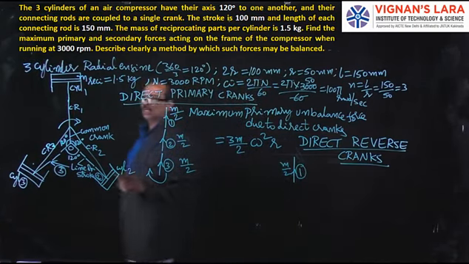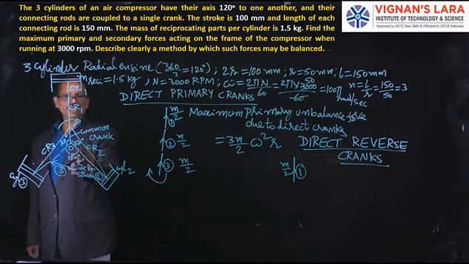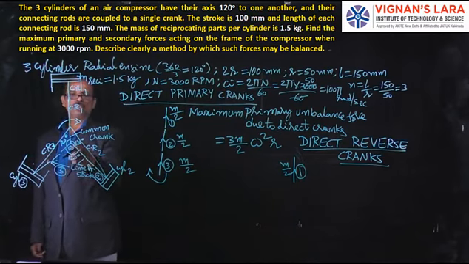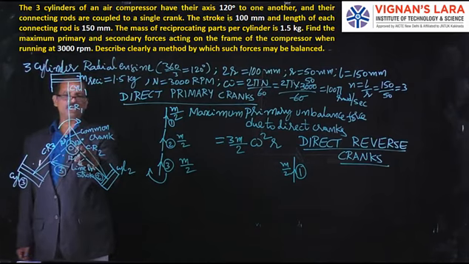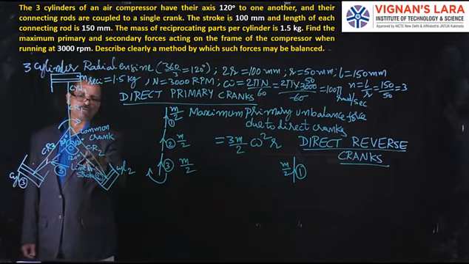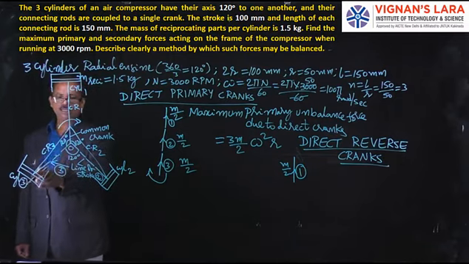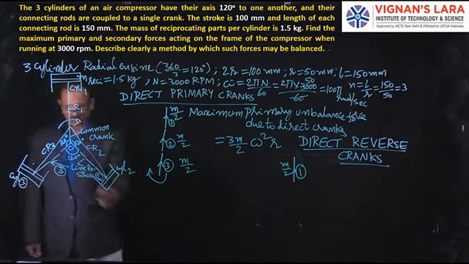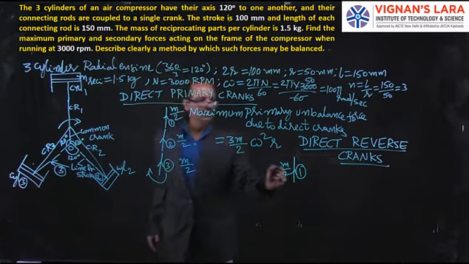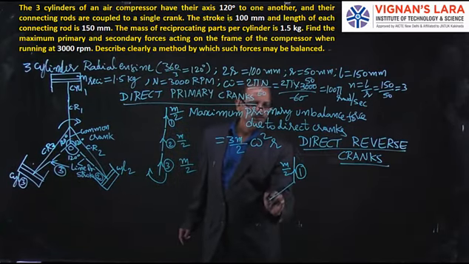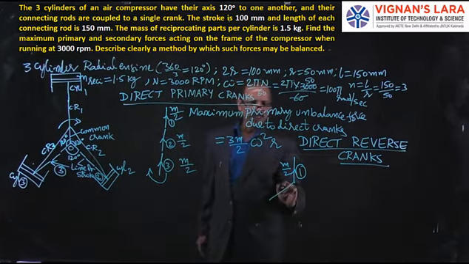Then coming to the second one, cylinder 2, this angle is 120. Now reverse it 120. So line of stroke to 120 in the opposite direction. Then the second cylinder will come to the location of here, that is 120 this way.